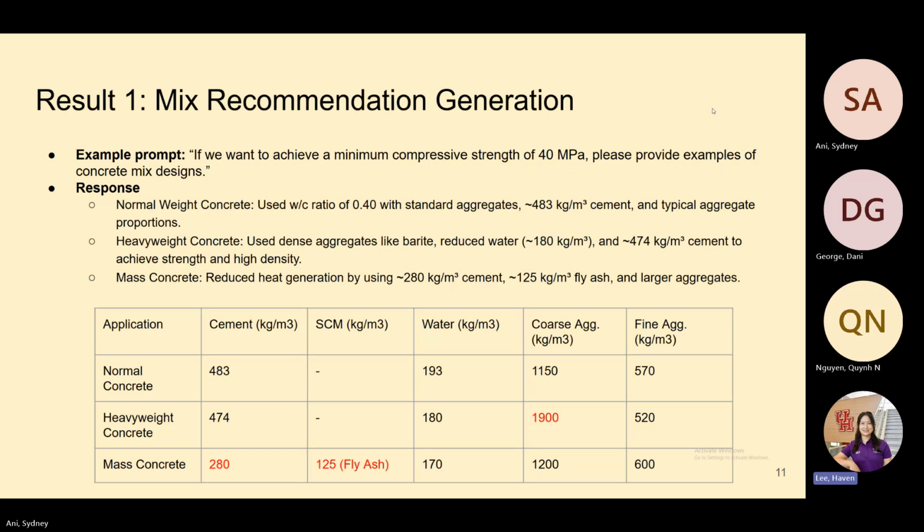For example, it suggested increasing the use of coarse aggregate to enhance density in heavyweight concrete and reducing the cement content while incorporating fly ash to control heat generation in mass concrete. This demonstrates how ChatGPT can quickly adapt mix designs to meet different engineering needs.